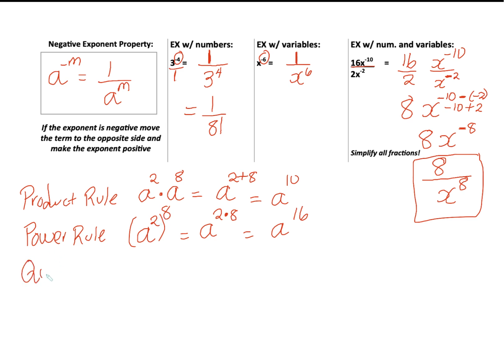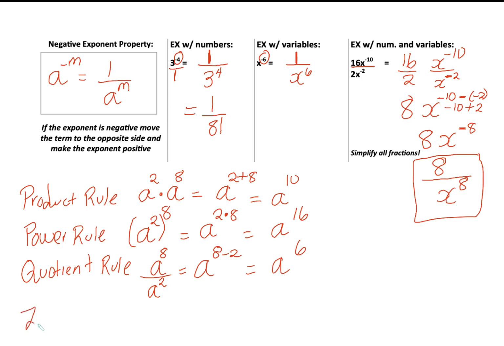So remember, with the power rule, you have an exponent inside and an exponent outside. With the quotient rule, remember quotient means to divide. If you have a base raised to an exponent and you're dividing by a matching base raised to a different exponent, you keep your base and you subtract 8 minus 2. And you get a to the 6th power.